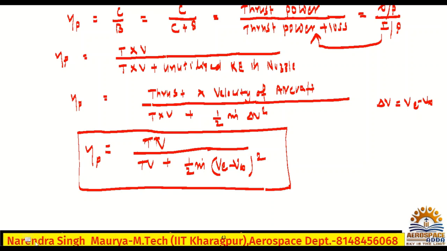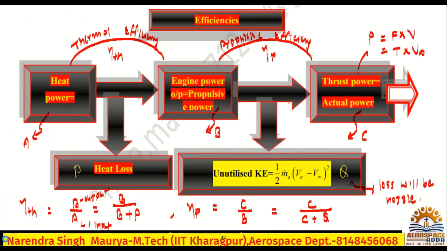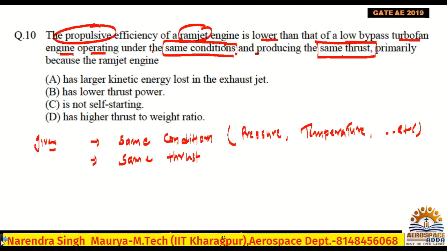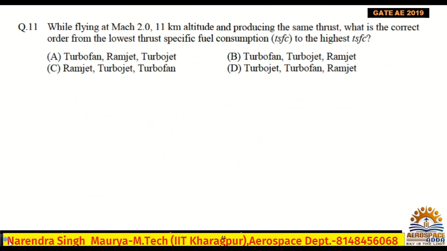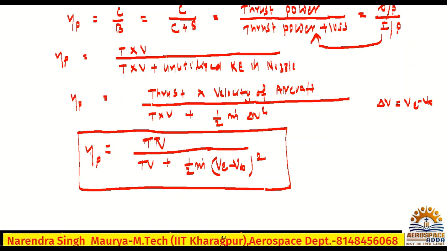All right. Anyway, now we will find the correct answer here. Check. The question is about the propulsive efficiency of the ramjet engine being lower. So we'll check the formula, eta P. When will it be lower, you just find out. Thrust is constant.